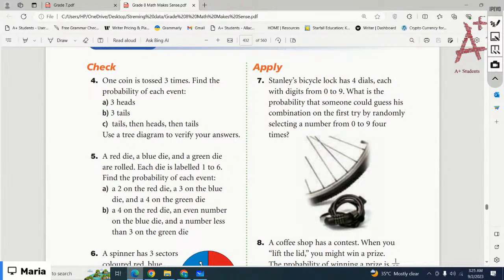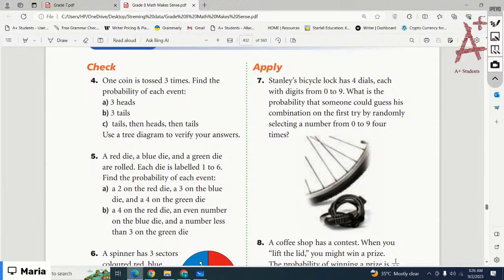What is the probability that someone could guess the combination on the first try by randomly selecting a number from 0 to 9 four times? You have to calculate the probability.